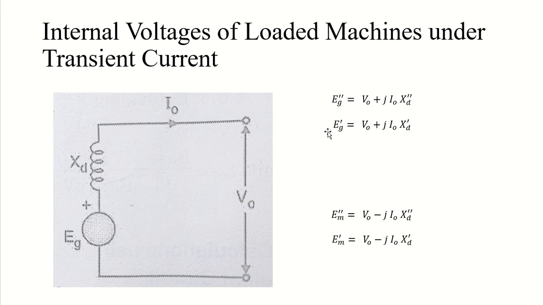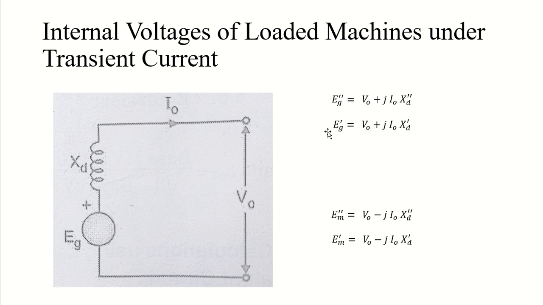So if this was for generator, if you want to find the same thing for motor, for the same short circuit fault, you are looking for the voltage behind transient and sub-transient reactance for synchronous motor. So the formula will remain same.